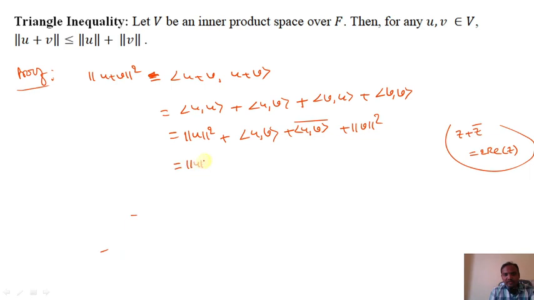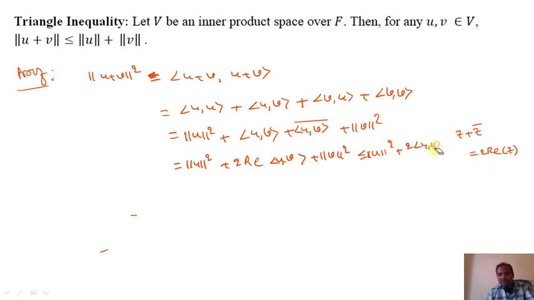So this is equal to norm u square plus 2 times the real part of the inner product of u comma v, plus norm v square, since you can write z plus z bar equal to 2 real part of z.